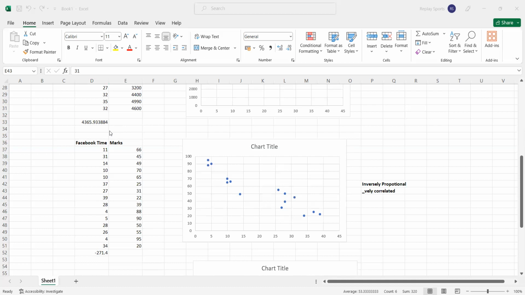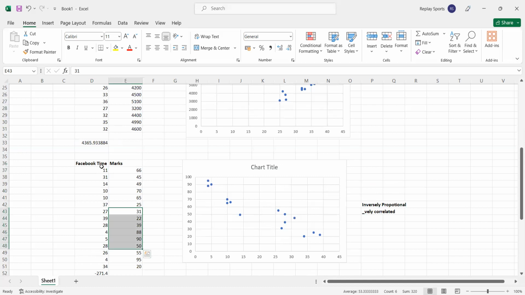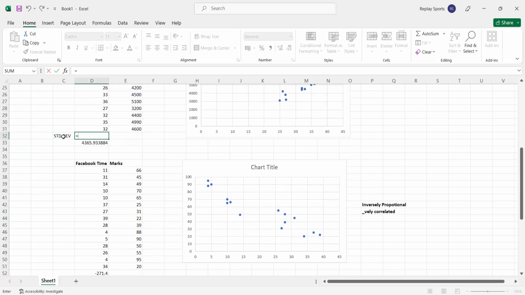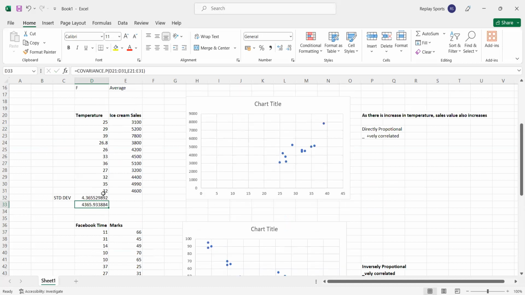Standard deviation we calculated yesterday, remember? Yes. So standard deviation you can calculate using Excel also. It is STDEV, and this one is 4.3, and now your correlation.